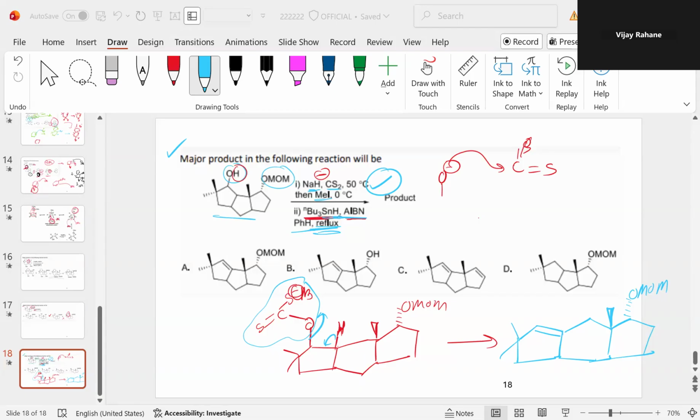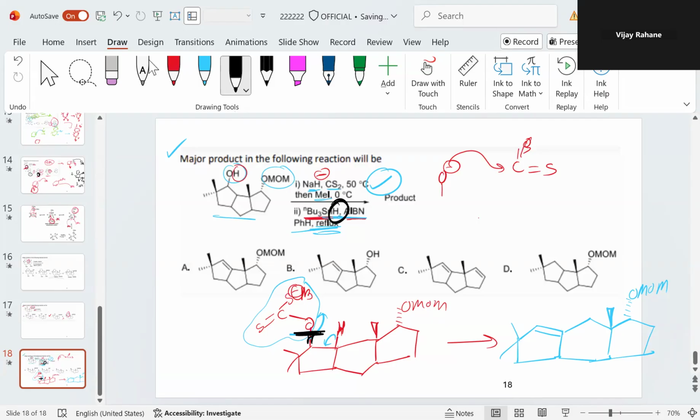Bu3SnH, tin hydride, is the source of hydrogen, together with the AIBN. Whenever we have AIBN, the reaction generally goes through a radical mechanism. So I think both of these are involved in the first step up to here, and then elimination of this entire group, and passing this hydride to here.